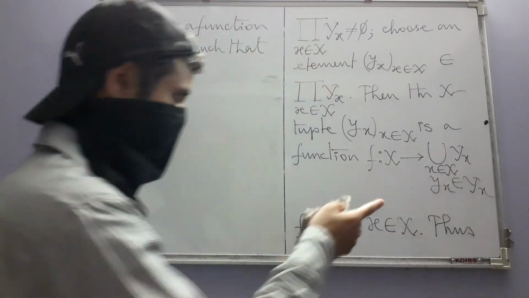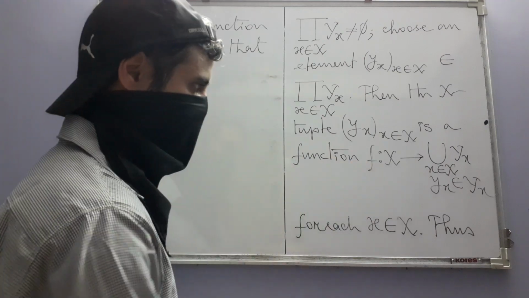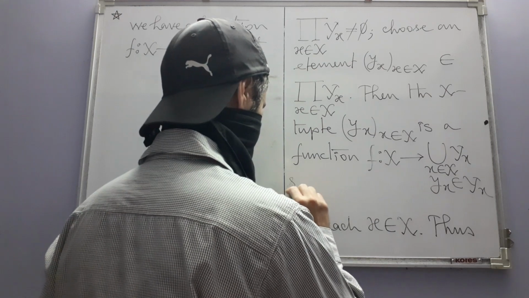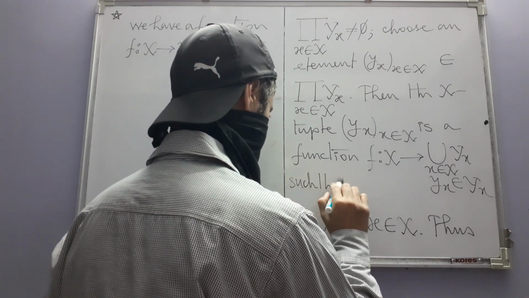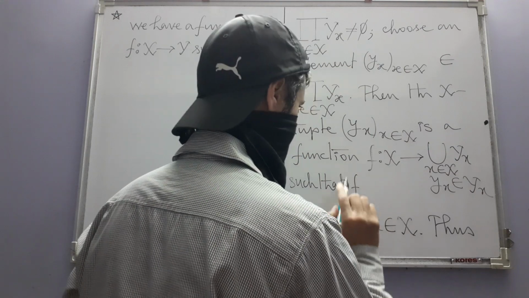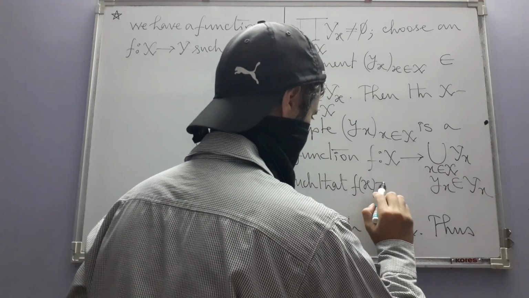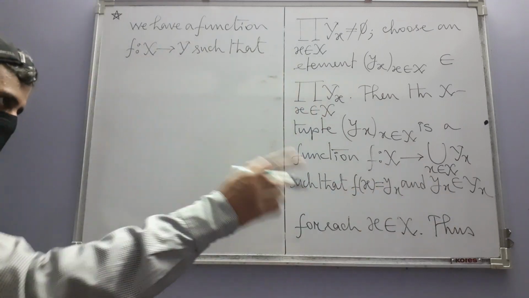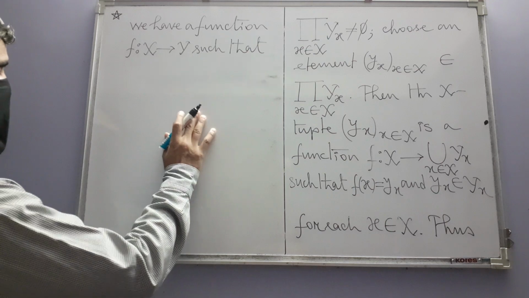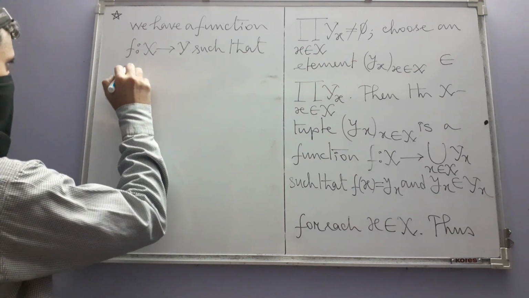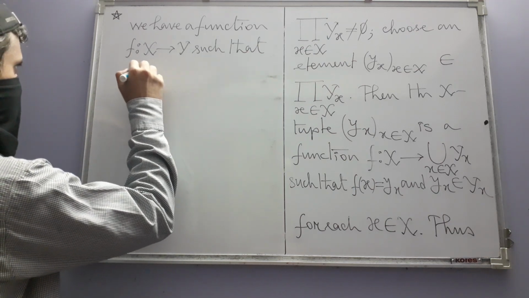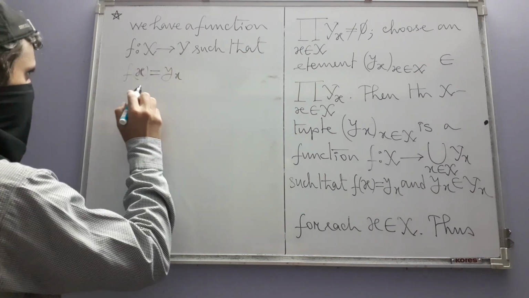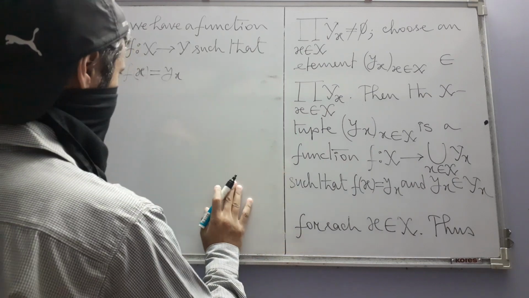When I wrote this in words without giving the function any name, this was enough. But now we have to say such that f of x is equal to yx and yx belongs to this. Let's repeat this part, f of x is equal to yx for each x in X, that's understood.